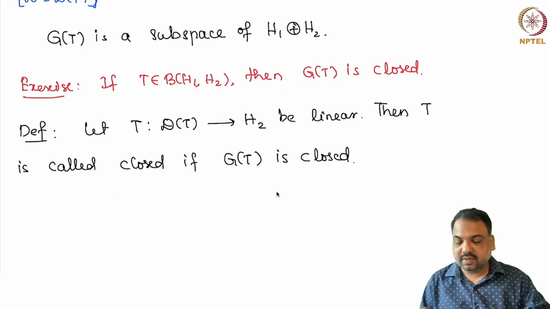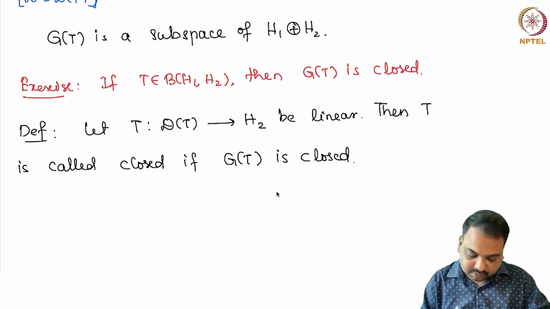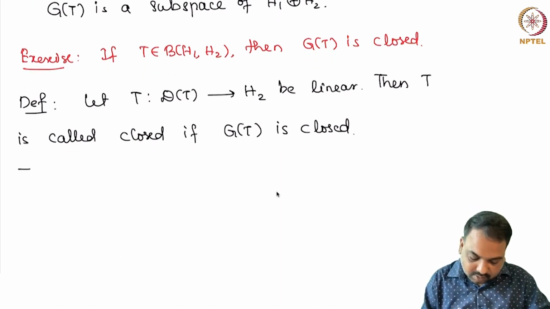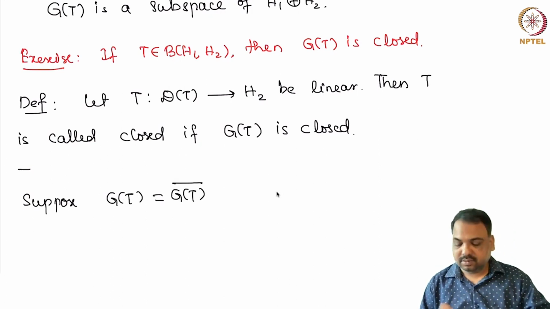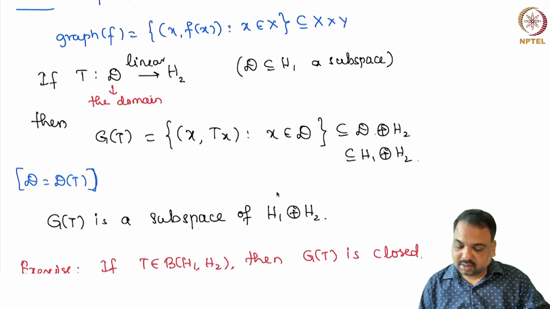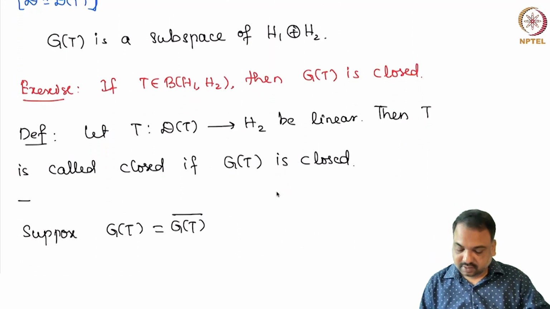Let us see what is the meaning of the graph of T being closed. Okay, suppose the graph of T is closed. Here closure is with respect to the norm induced from the inner product of H1 direct sum H2.